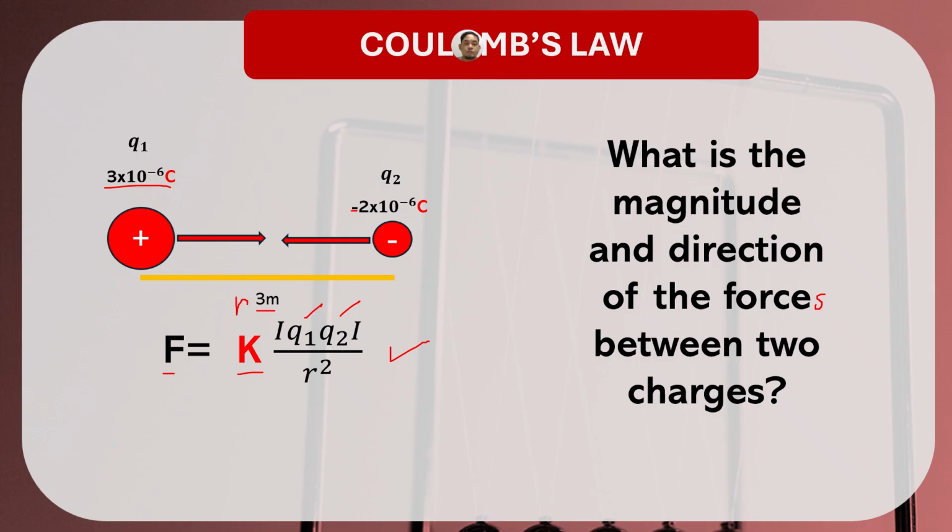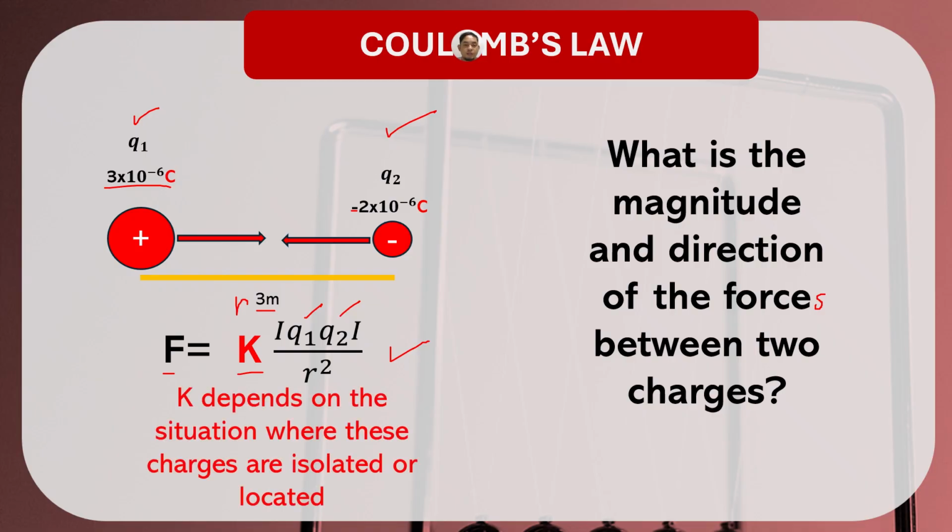We have the value of charge 1, it's very clear, and charge 2. But what's k in here? Coulomb's constant, or K, depends on the situation where these charges are located. So let's find out in the problem where these charges are situated. Is it in a vacuum, in plastics, in glass, or in air? Let's find out.